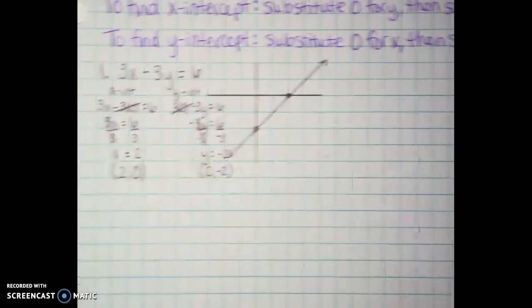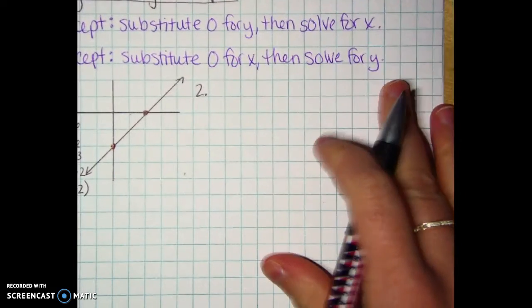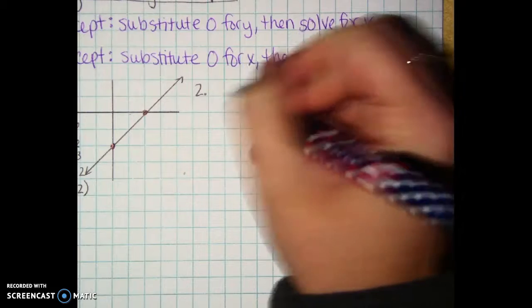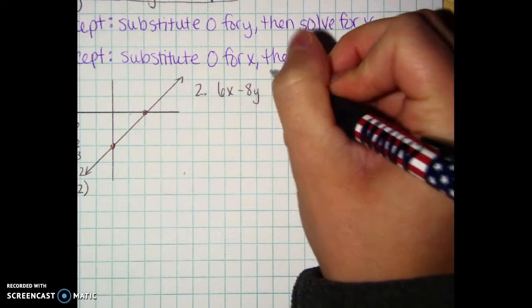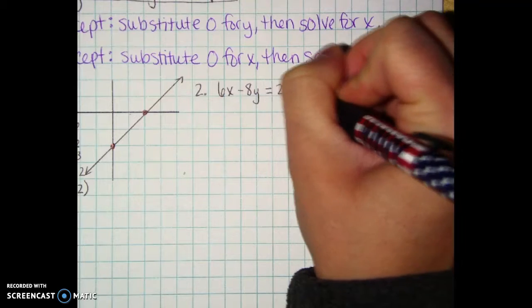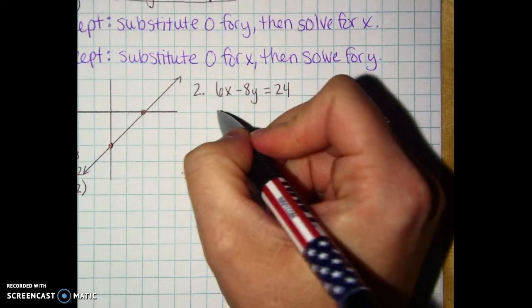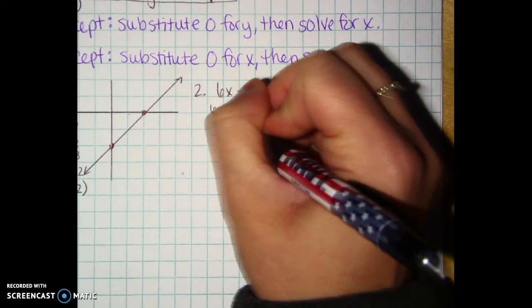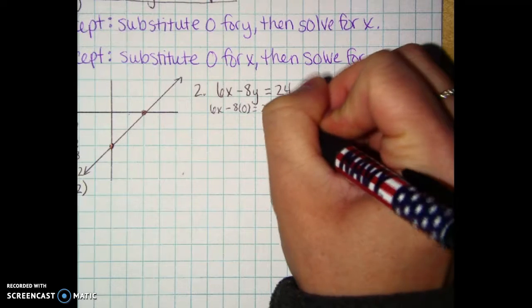Let's do, I think this will fit over here. Let's do 6x minus 8y equals 24. Okay, so the x-intercept is going to be over here. So that's going to be 6x minus 8 times 0 equals 24.